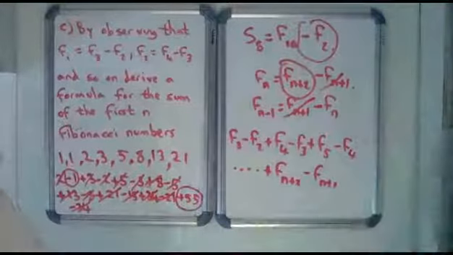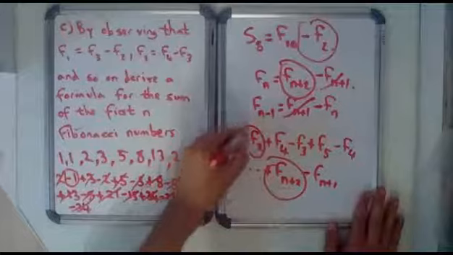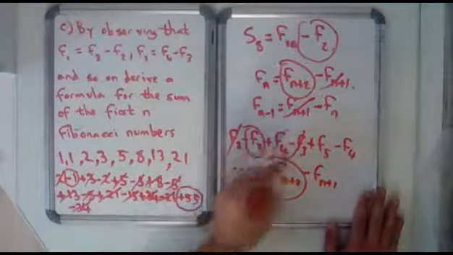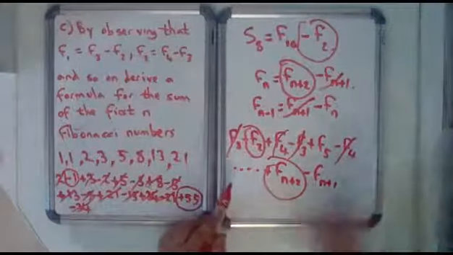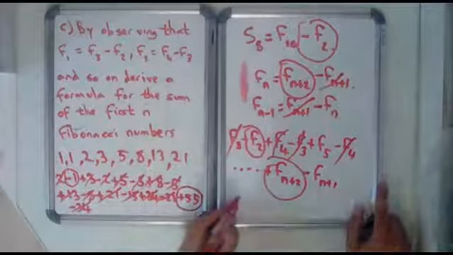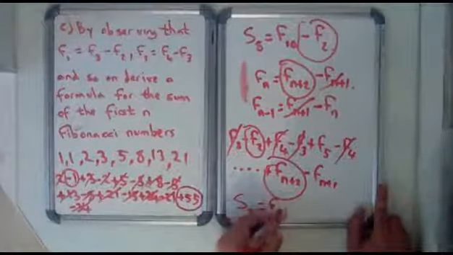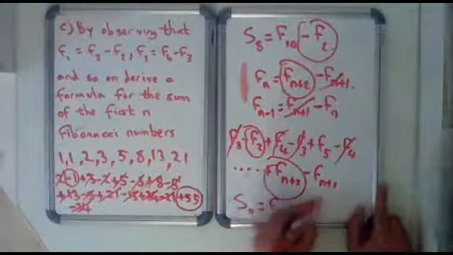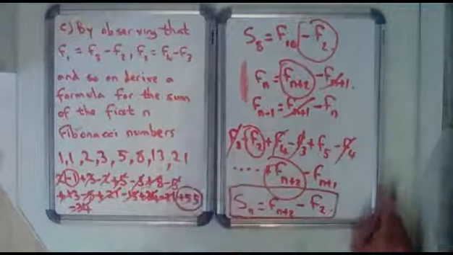So basically, everything would cancel off apart from this and this. Everything else, you can see, has something. The F5 will come from the next bit, which will be F6 minus F5, and so on. So for the first n terms of a Fibonacci sequence, Sn equals Fn plus 2 minus F2. And that is the expression. Makes things a lot easier.